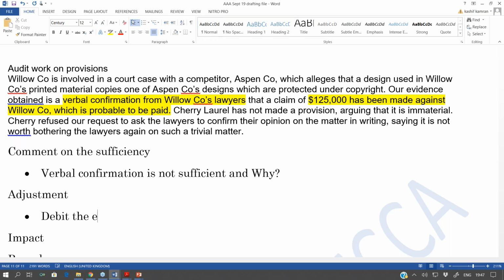Debit the expenses and credit the provisions, the liability. Credit the liability, the provision, right? Okay, what's the impact on the report?